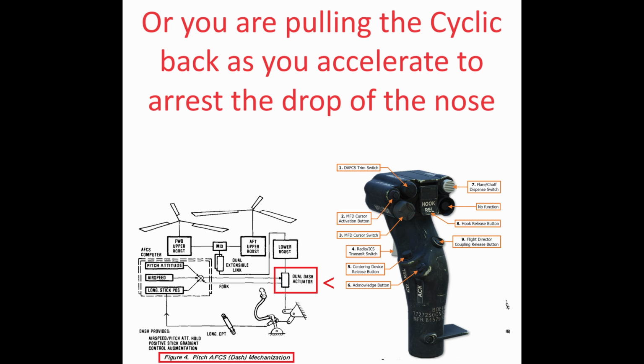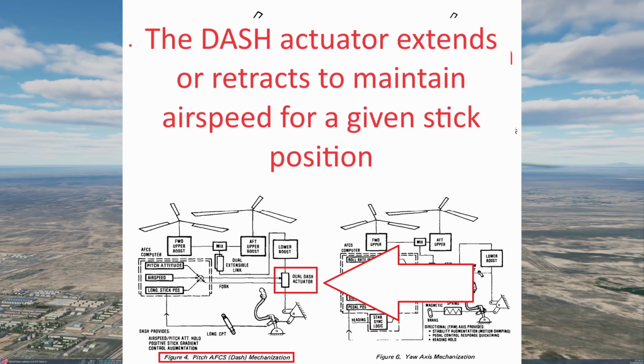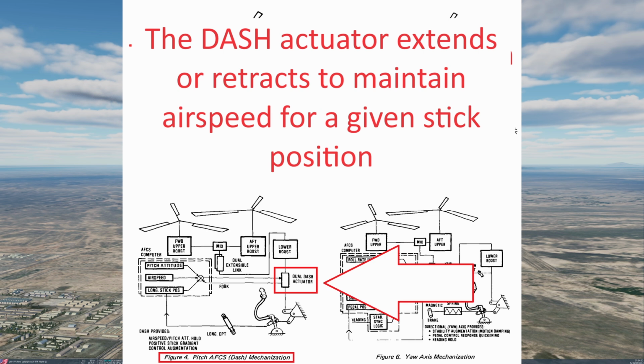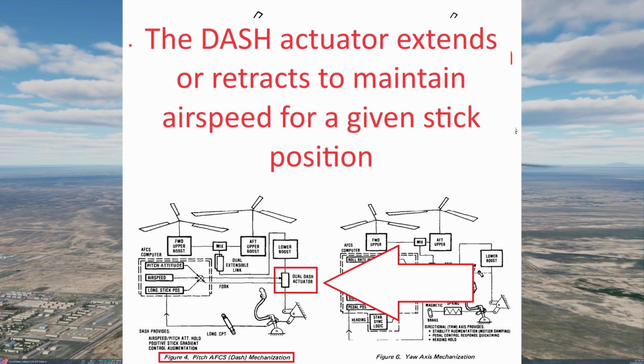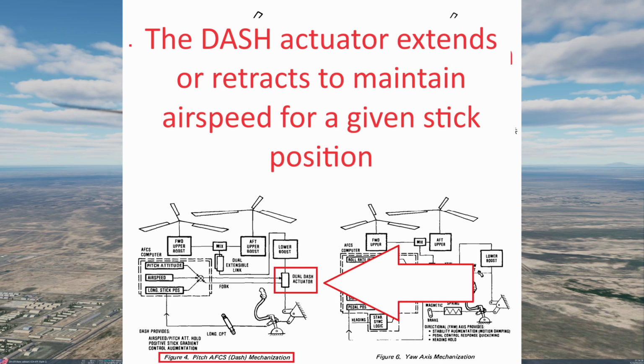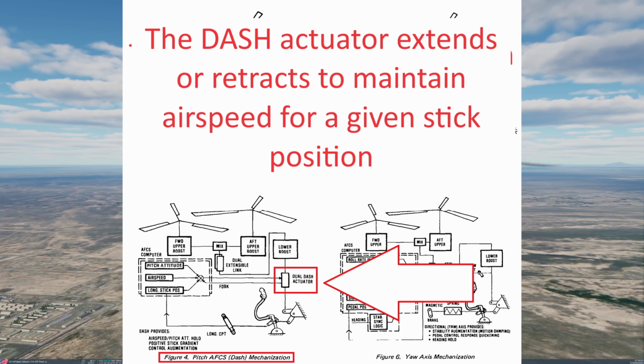But you want your controls to be in a far more natural position, and this is what the DASH essentially allows for, or one of the things it allows for on the real aircraft. And it enables what the manual is talking about there, this positive stick gradient.